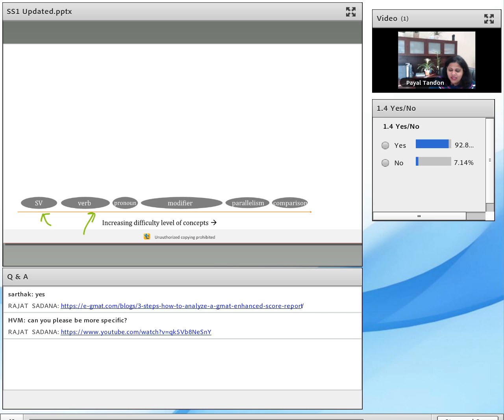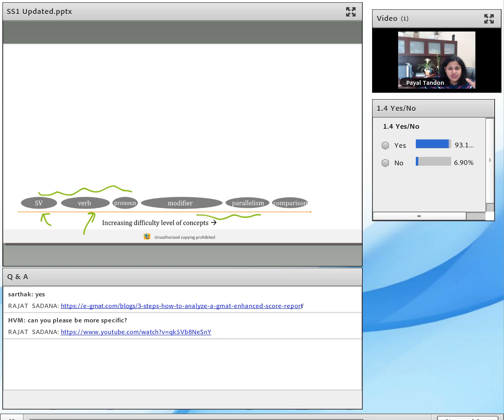Likewise, you need to have a solid understanding of subject-verb and pronouns before you go into the details of verb-ing modifiers, verb-ed modifiers, and whatnot, right? Now, with modifiers and parallelism, I would say you need to first know modifiers, and then parallelism comes very naturally, and then comparison is the last one. So this is the increasing difficulty level of concepts in sentence correction.